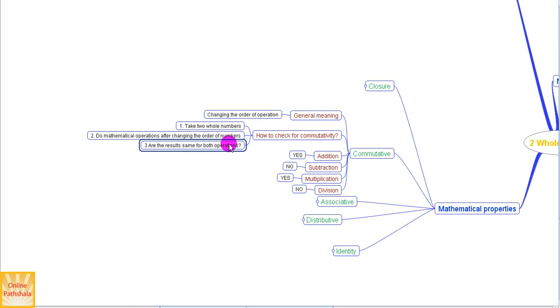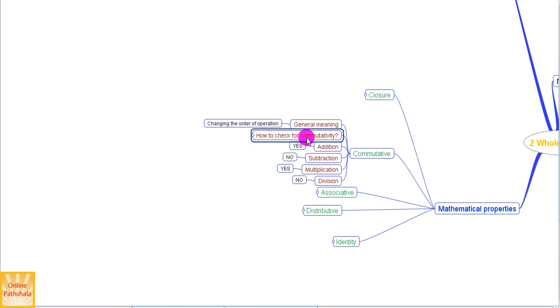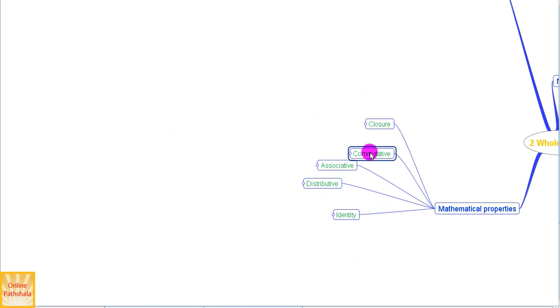If that is true for all the sets of whole numbers, then we say that that particular operation satisfies commutativity. Based on our examples, we understood that whole numbers are commutative under addition and multiplication, whereas they are not commutative for subtraction and division, which implies that if we change the order of numbers when doing subtraction and division, we will not get the same results. So that was the commutative property.